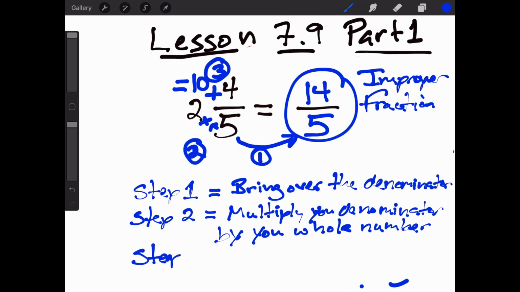Step 3, add your answer to the numerator.